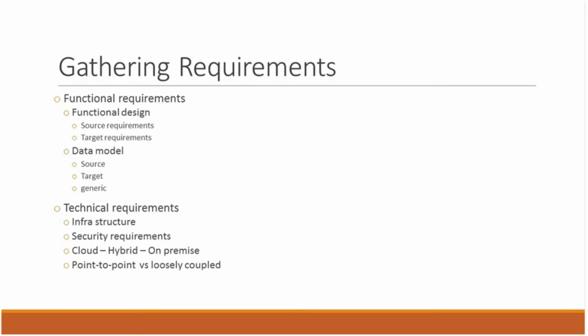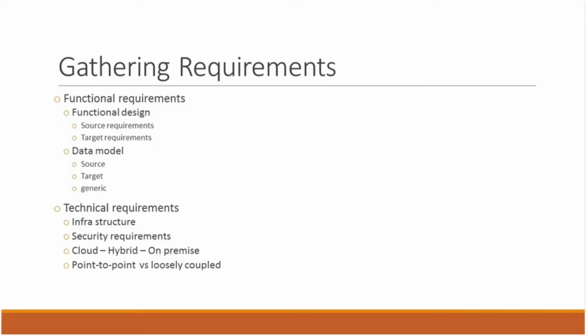So normally you start with the functional design, which can contain all the requirements about your source. In a simple scenario, it's just one source. In a more difficult one, it can be multiple, and the target. In our example, we have CRM as source and an ERP system, just random.